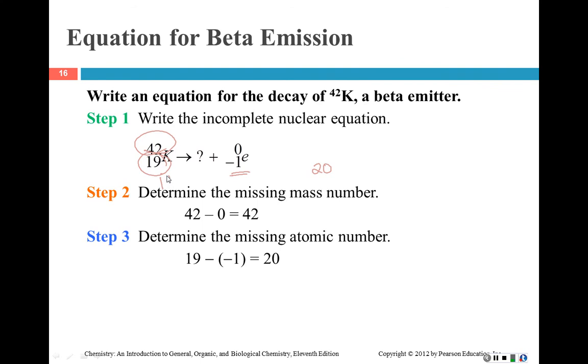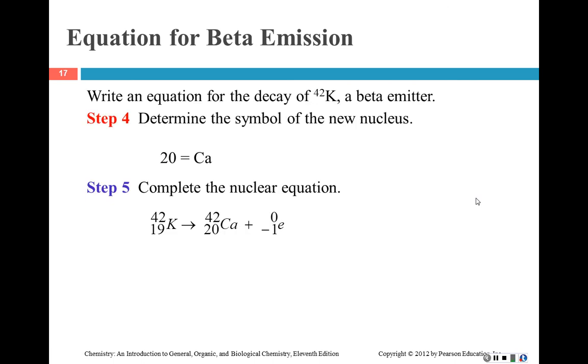Because this one's 19, this one on this side has to be something minus 1 equals 19. And of course, there is no mass in an electron. So the mass stays the same. The atomic number goes to 20. And if you look on the periodic table, you see calcium is atomic number 20. And so what you've done is you have taken potassium-42 and converted it to calcium-42 and a beta particle.